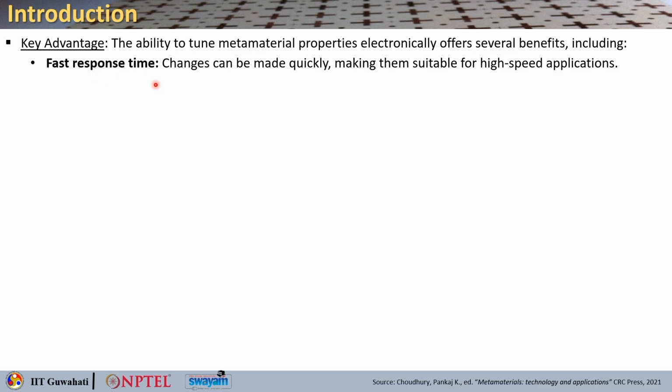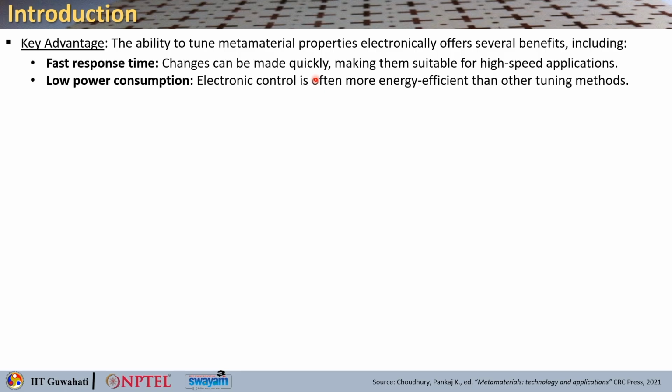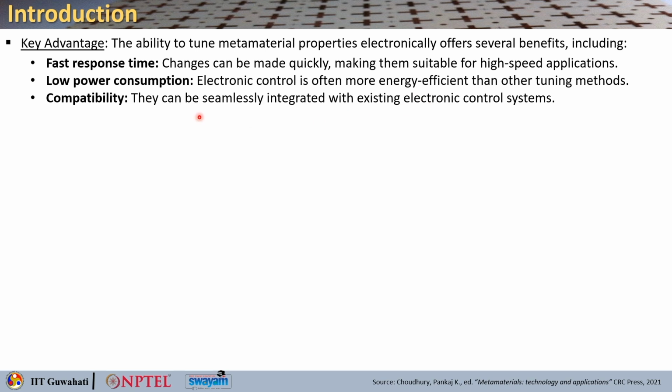That means the changes can be made quickly, making them suitable for high speed applications. Another important aspect is low power consumption. Electronic control is often found to be more energy efficient as compared to other tuning methods. And finally, compatibility. This can be seamlessly integrated with existing electronic control systems, so electrically tunable metamaterials are more compatible.